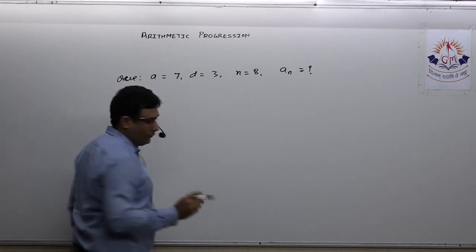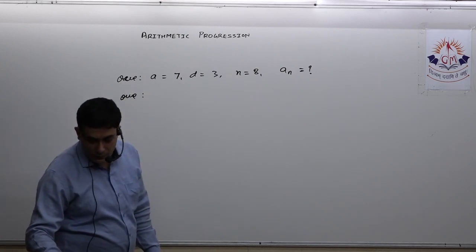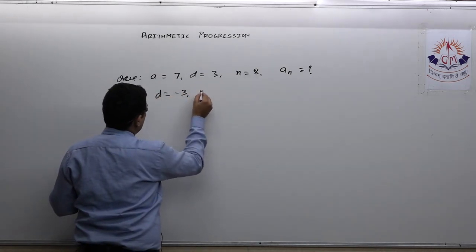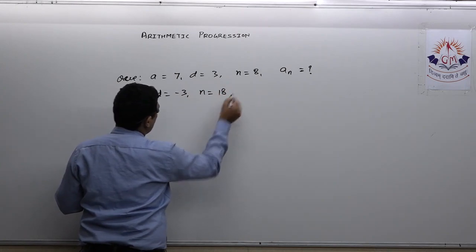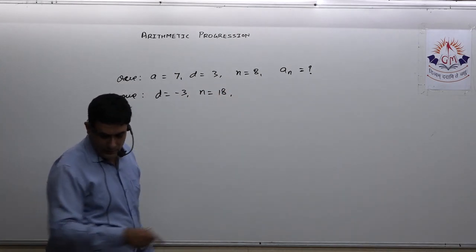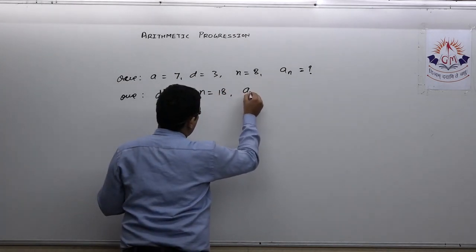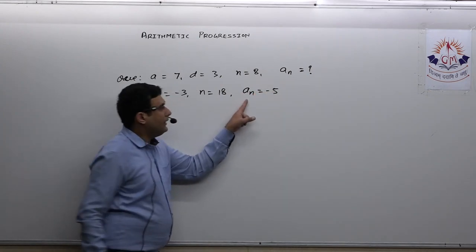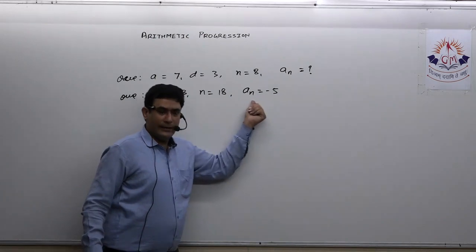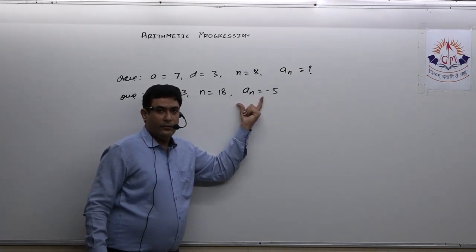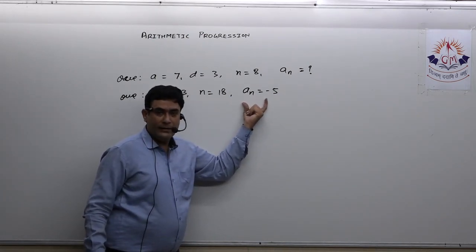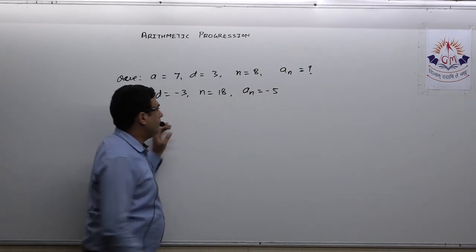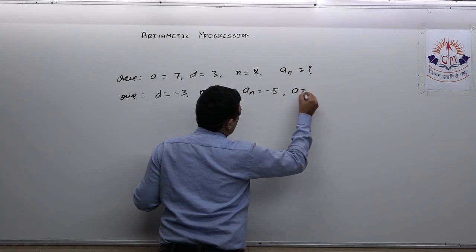Now a you have to find. d is minus 3, n is equal to 18, and an equal to minus 5. In other words, an equal to minus 5, that means a18 equal to minus 5. The value of the 18th term is given, the common difference is given, and we have to find the first term.